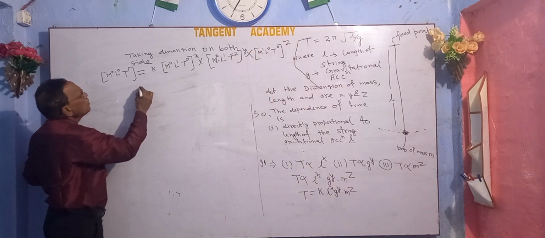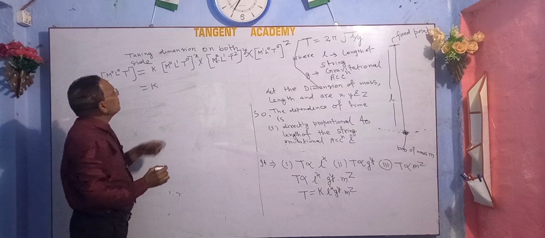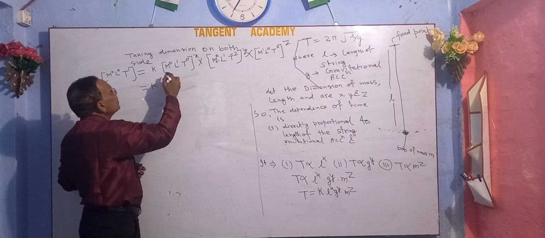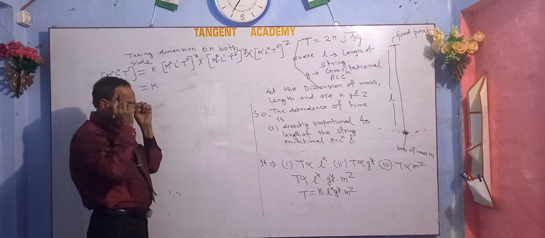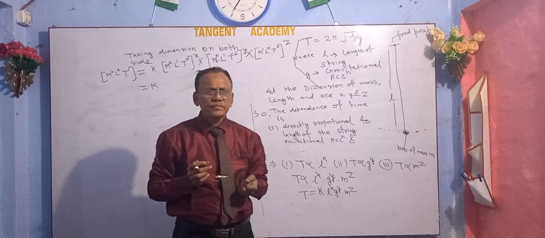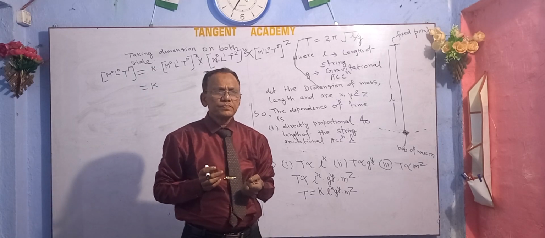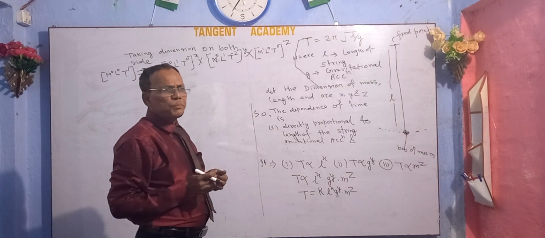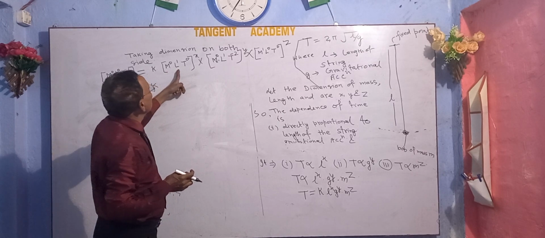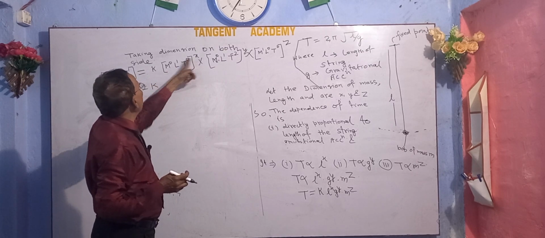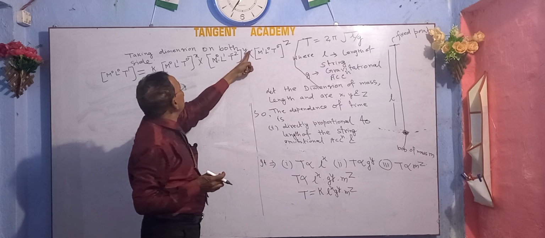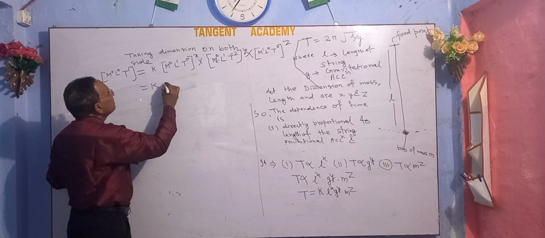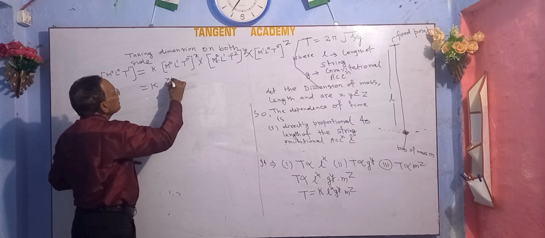Arranging these powers on the right, k times L to the power x, L to the power y, and the 0 is cancelled, so we can write L to the power x plus y.